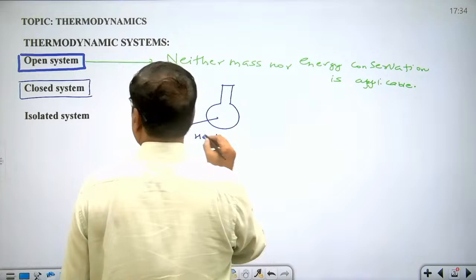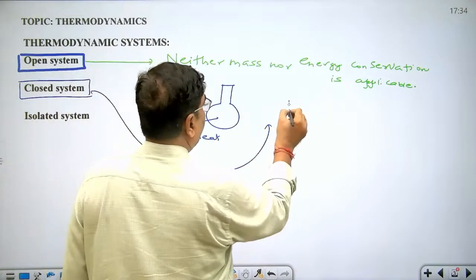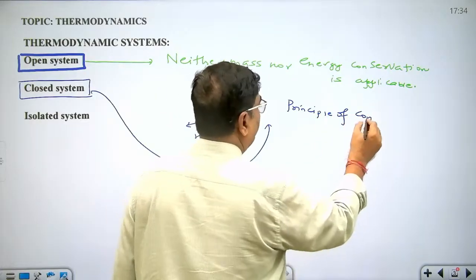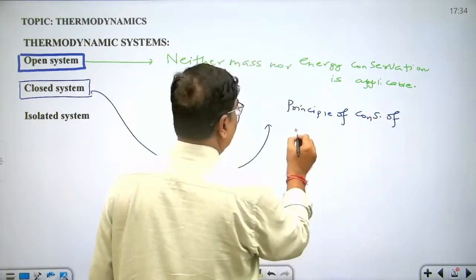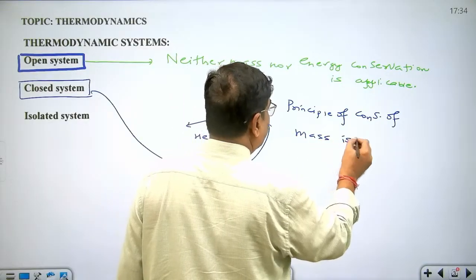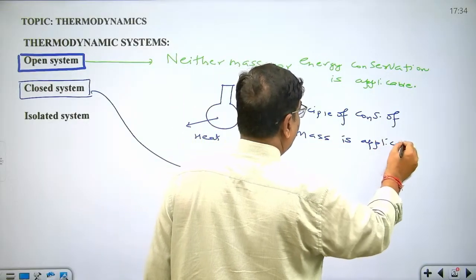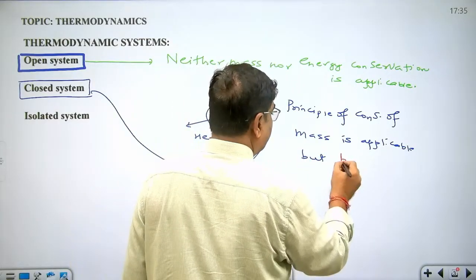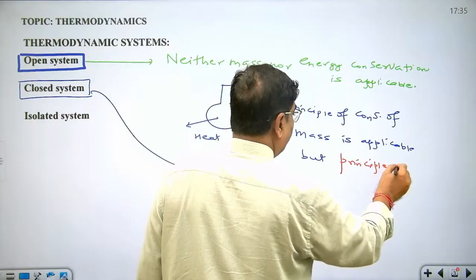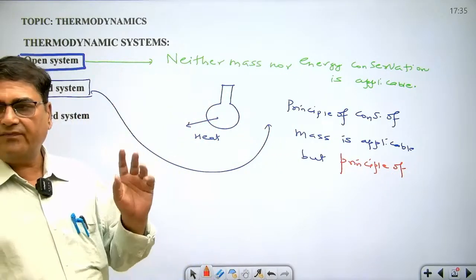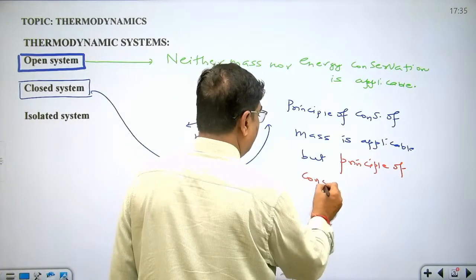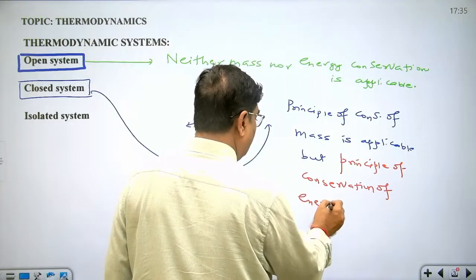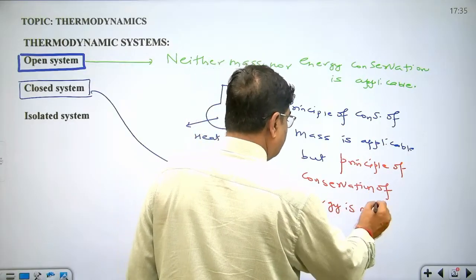So in the case of closed system, the principle of conservation of mass is applicable, but the principle of conservation of energy is not applicable.